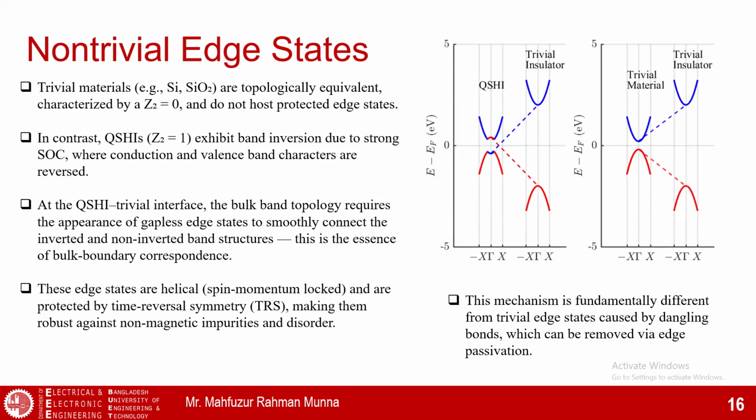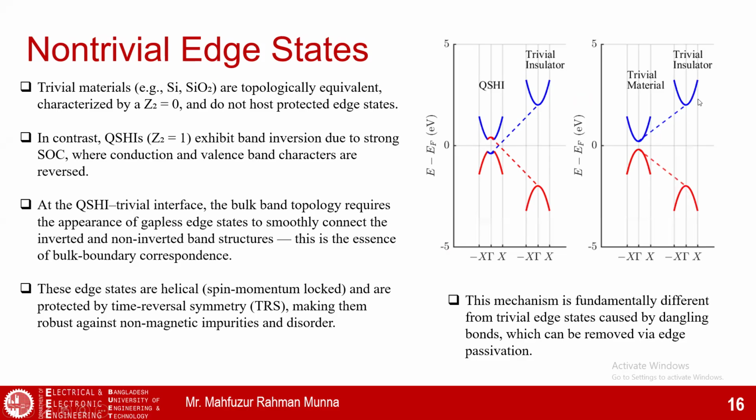At the interface between two trivial materials, say graphene and hexagonal boron nitride: a 5 angstrom graphene nanoribbon has a finite band gap, and hexagonal boron nitride also has a finite band gap.